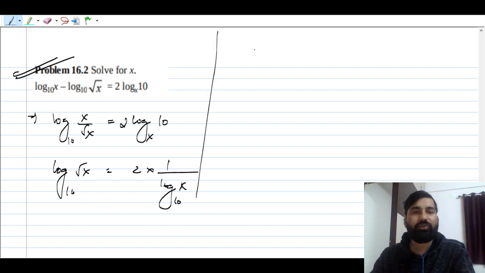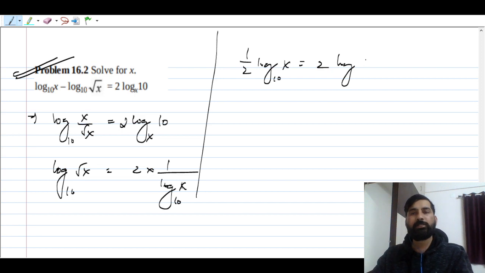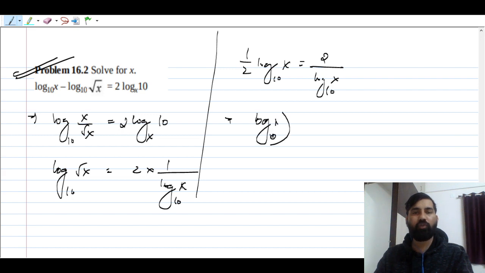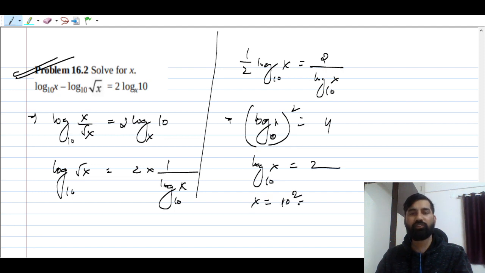So you can write 1 by 2 log x base 10 equal to 2 by log x base 10. If you take cross multiplication, so (log x base 10) whole square equal to 4. So log x base 10 equal to 2. So x equal to what? 10 to the power 2, which is 100.